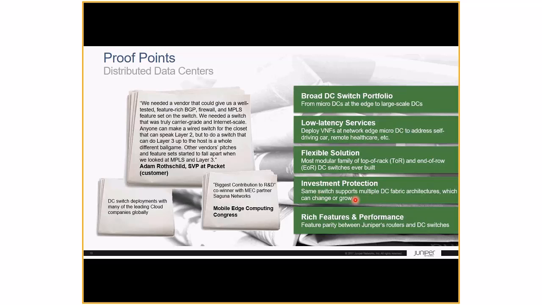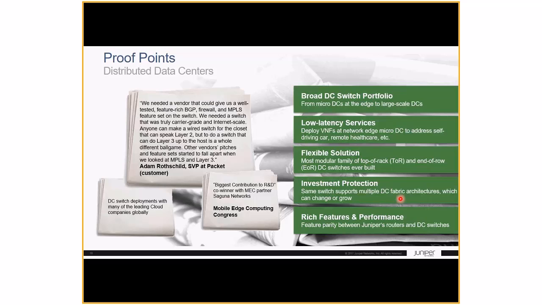And it's investment protection. One of the other things about investment protection is Junos. When you do training for your employees, Junos is Junos is Junos. So you're going to save a lot on OpEx just running with Juniper products, and the same switch can support multiple architectures. It could be run as an MC-LAG that then is transitioned into a QFabric or a Junos Fusion that could transition directly to an IP fabric.